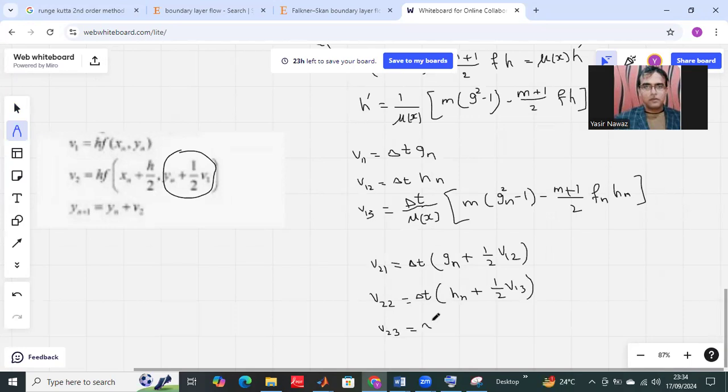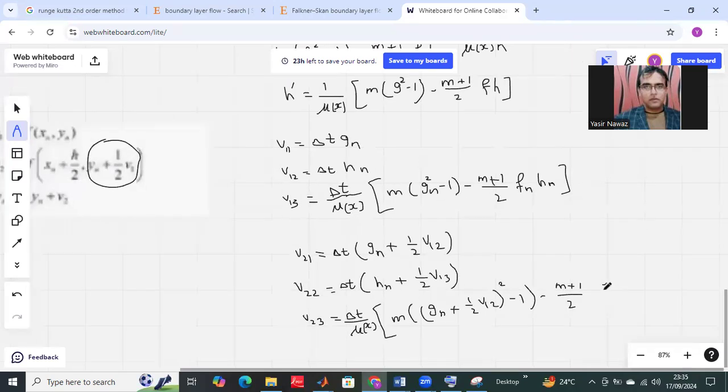V23 is equal to delta t over mu of x, then m, then gn plus half V12 whole square minus 1 minus m plus 1 divided by 2, and this would be fn plus half.